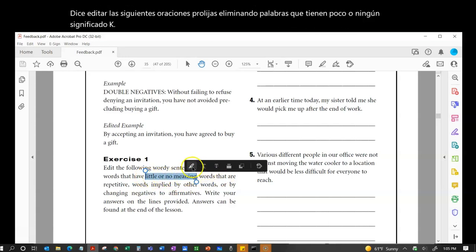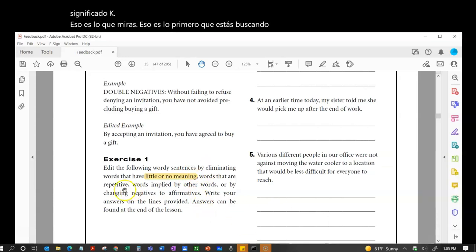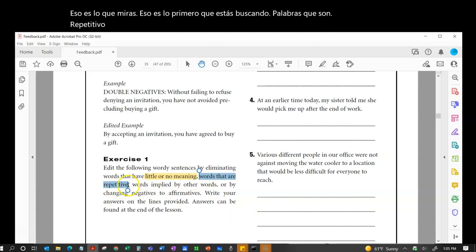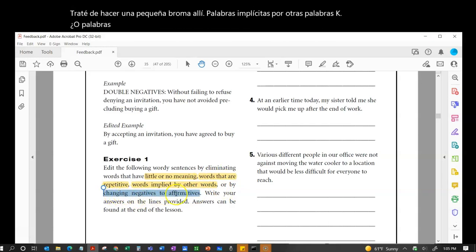That's the first thing you're looking for. Words that are repetitive or redundant. Repetitive and redundant are redundant, meaning they are the same. Okay, I tried to make a little joke there. Words implied by other words, or by changing negatives to affirmatives, okay?